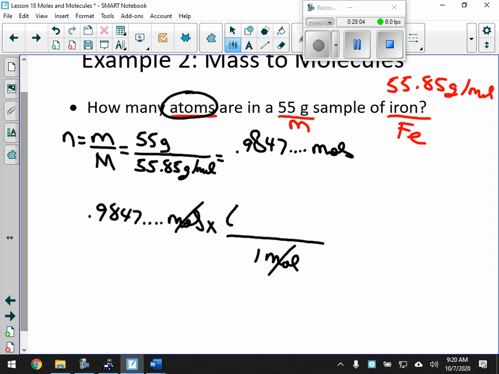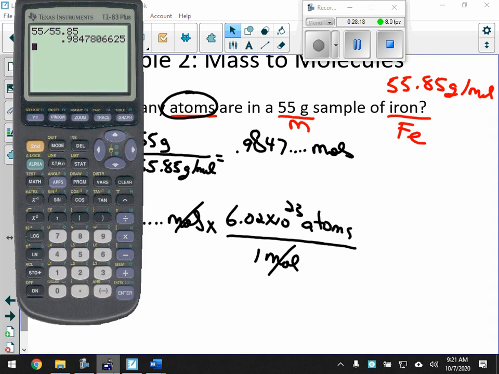And then, of course, we're going to be left with 6.02 times 10 to the 23. In this case, we're talking about atoms because it's iron atoms. We multiply those two numbers together, and that should be our answer, yes? And again, you're going to find that these are pretty similar questions here, of course.